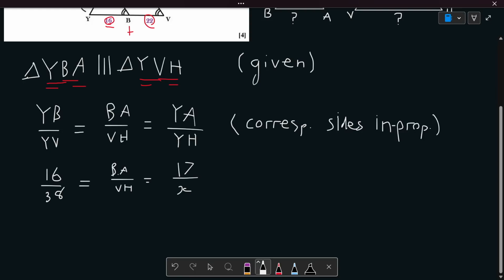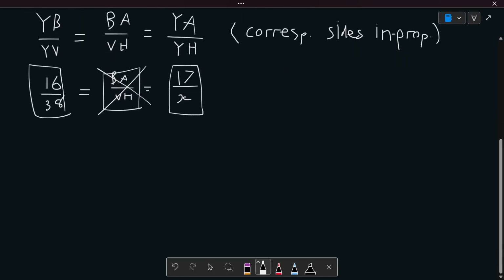Okay, now what do we do from this point? Because BA over VH is useless and we don't even know the values, we don't even have to use this. But we can see that because all of these ratios are equal to each other, this ratio is also just going to be equal to this ratio over here. So we can actually just use that information there.